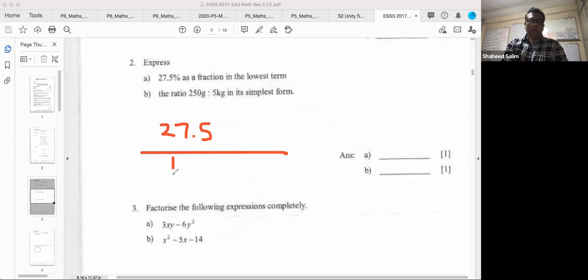If you want to know the working without a calculator, it is like this. Percentage is divided by 100, right? Divide by 2.5 here. Divide by 2.5. And then you get 11 over 40.